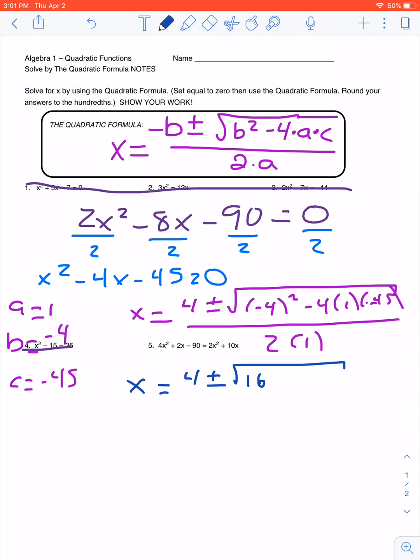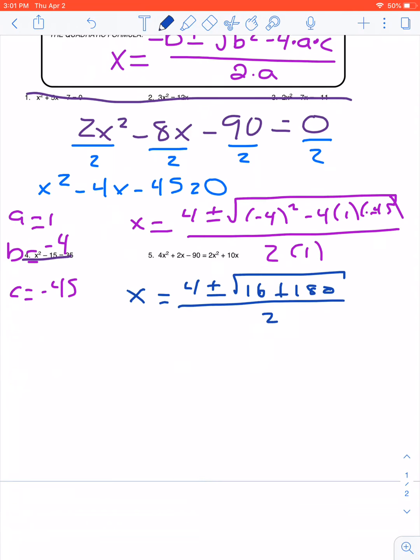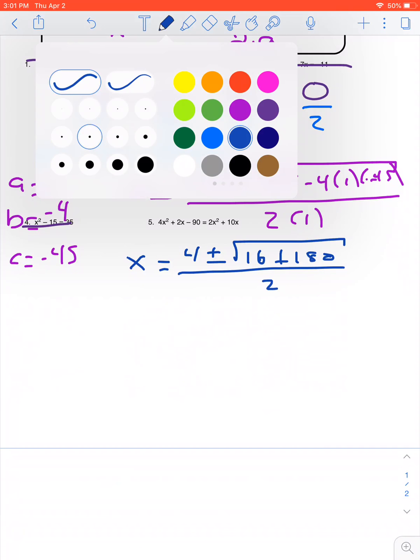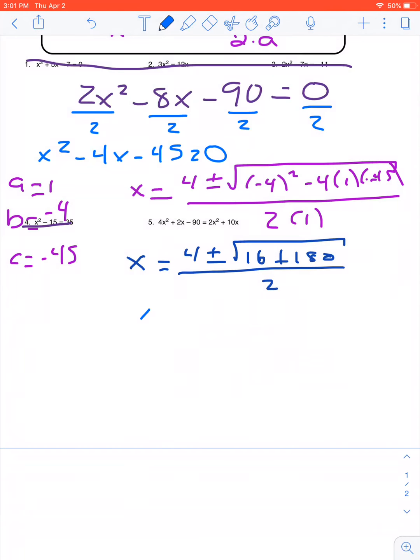So that gives me 2 negatives, so I'm going to add that together, and I get 180. I then add 180 plus 16, and I end up with 196. So I get x equals 4 plus or minus the square root of 196 over 2.